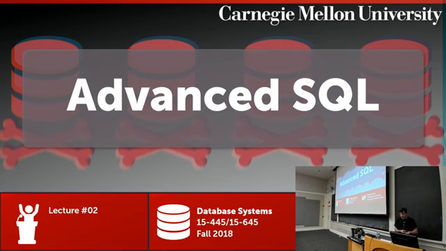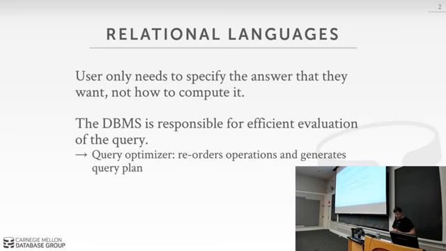So just to pick up where we left off last class, we were discussing the relational model and relational algebra, and we mentioned that with relational algebra, the goal at a high level was to describe the answer we wanted the database system to compute, rather than the exact steps of how to do it.